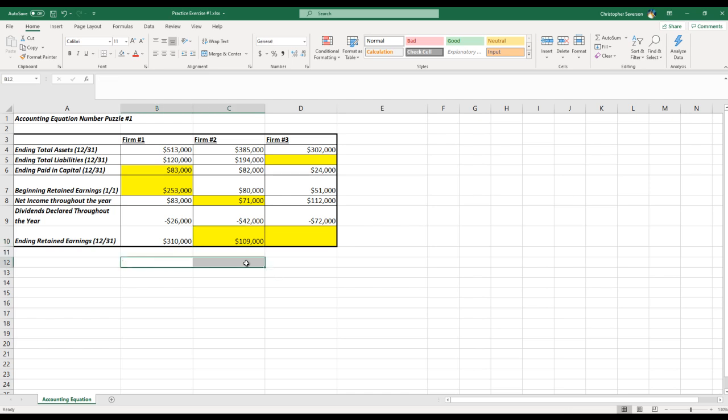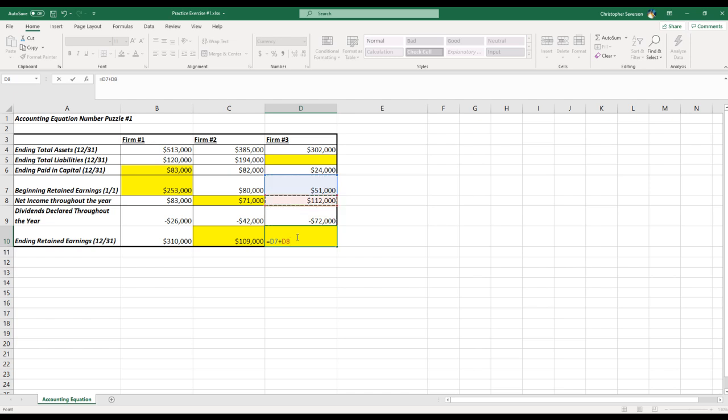The good news is firm 3 is actually the easier of the problems. We're missing total liabilities, but we are also missing ending retained earnings. The good news is we have everything in retained earnings to calculate ending retained earnings straightforwardly. We don't need to reverse into a problem or back into a problem. We're just going forward. Beginning plus net income.